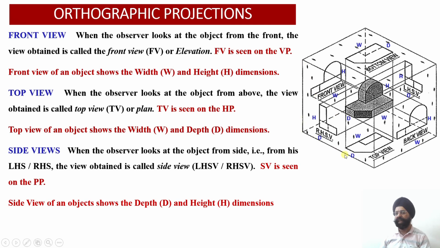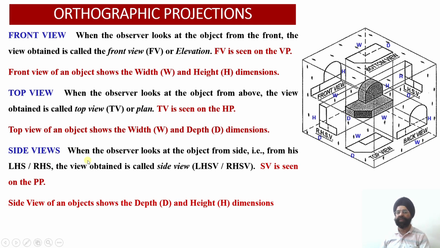The projections are obtained on the profile plane located on the left hand side, and this profile plane will be opened like this. So when it is opened, we get the right side projections of this object drawn on the left hand side. So this is the idea about the side views.